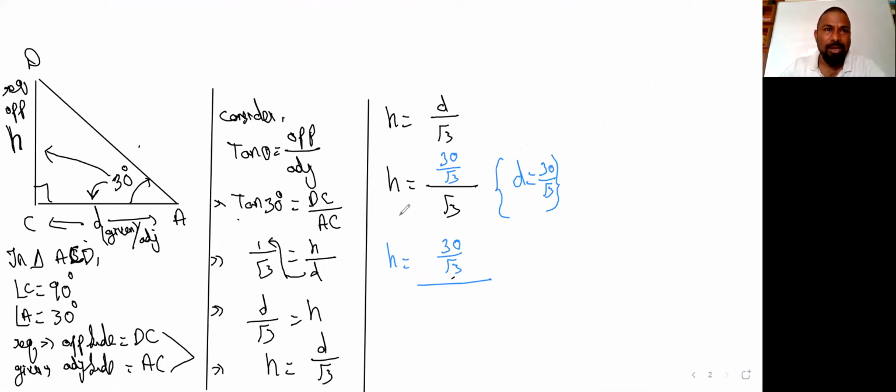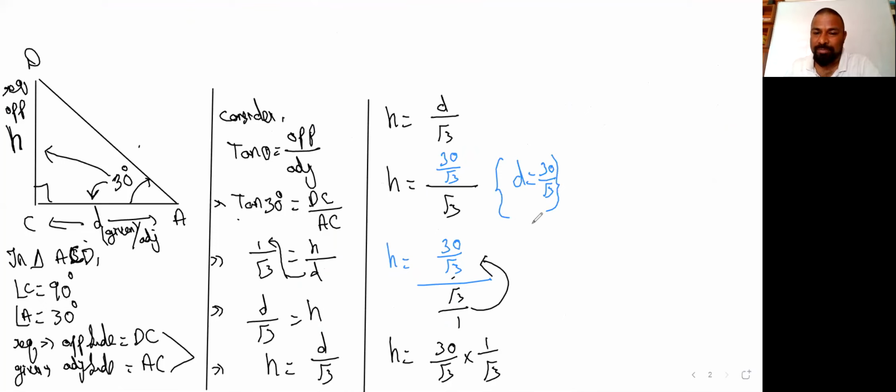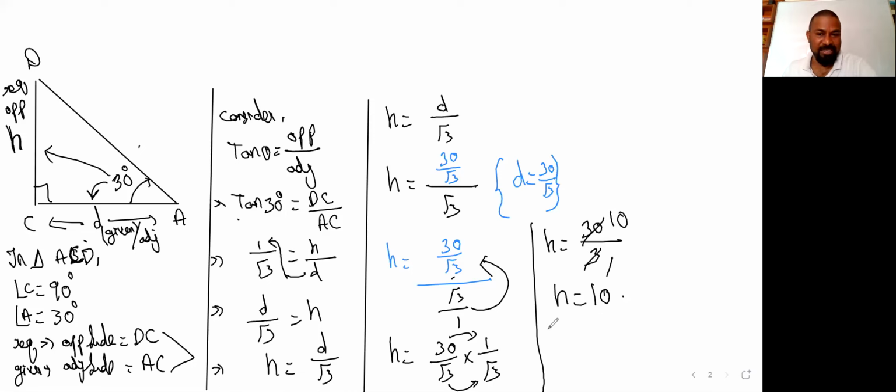What I am doing is cross multiplying: if you reciprocate it, it becomes 1 by root 3. So H is equal to, if you multiply these two, 30 ones are 30, and if you multiply the denominator root 3 into root 3, it's nothing but 3. Now simplify it. So H is equal to 10 meters.